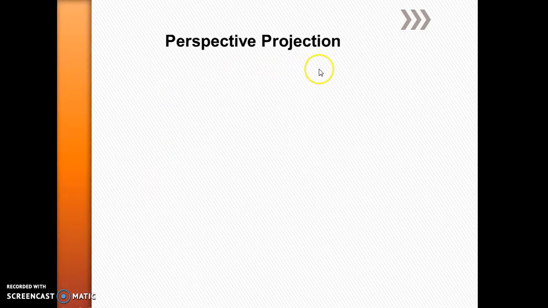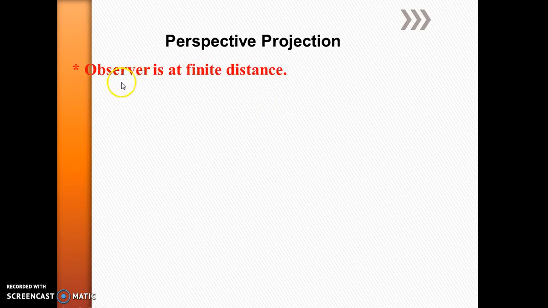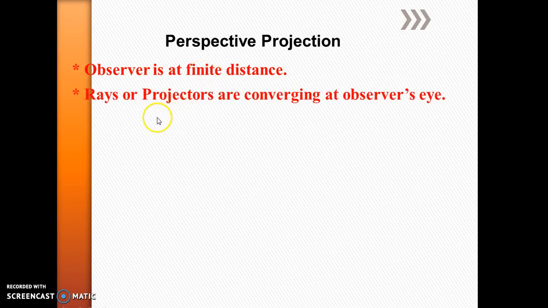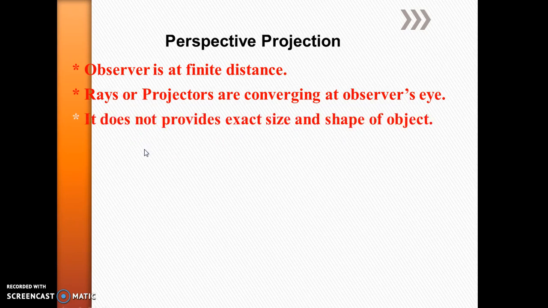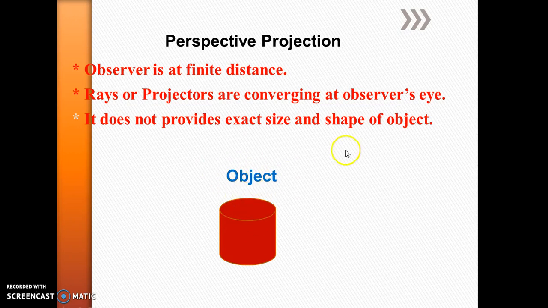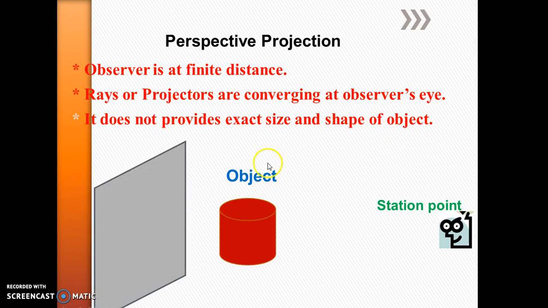First one is perspective projection. Here the observer is at a finite distance, and the rays of the projectors converge at the observer's eye, and it does not provide the exact size and shape of the object. Let's see here: this is the object, this is the station point, and this is the wall or plane of projection.